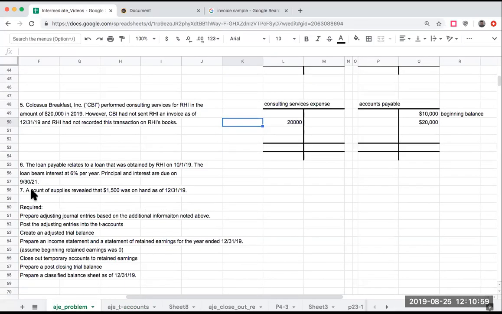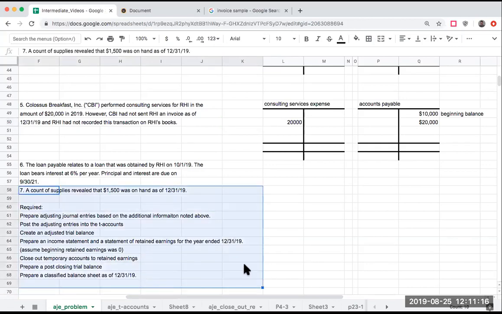It says right over here, the loan payable relates to a loan that was obtained by RHI on October 1st, 2019. The loan bears interest at 6% per year. Principal and interest are due on September 30th, 2021.